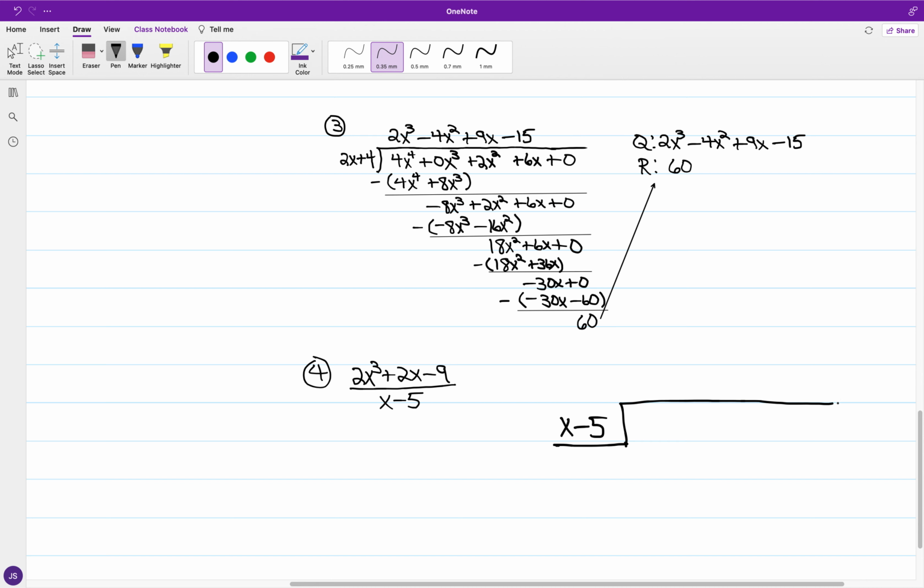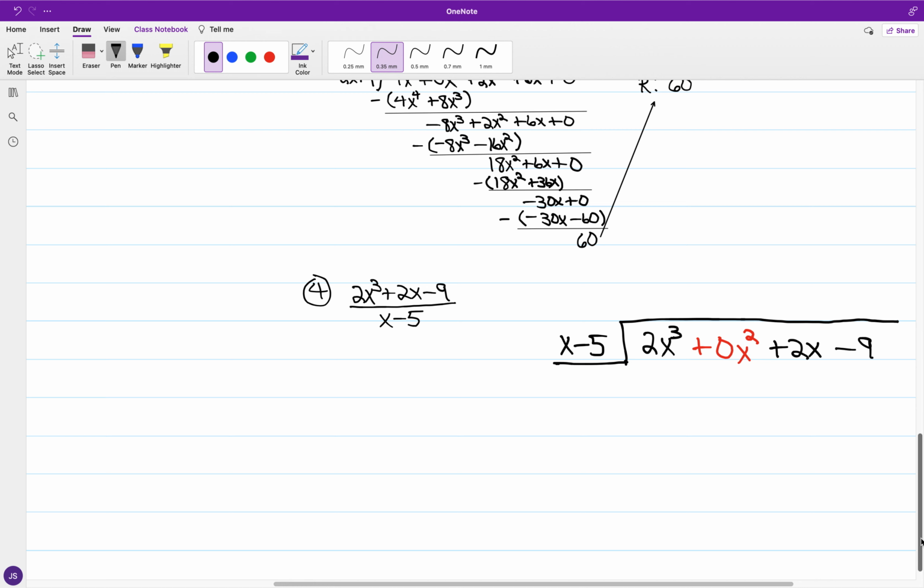So we have the divisor at x minus 5, and for the dividend, I have 2x cubed, and if you notice, we have a missing x squared term, and then we have plus 2x, a first degree, ending with the constant negative 9.